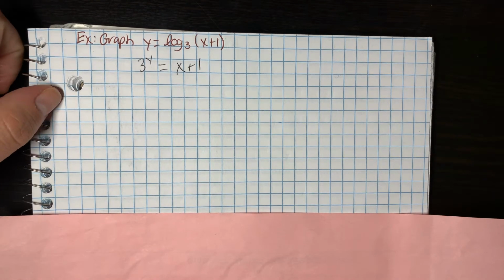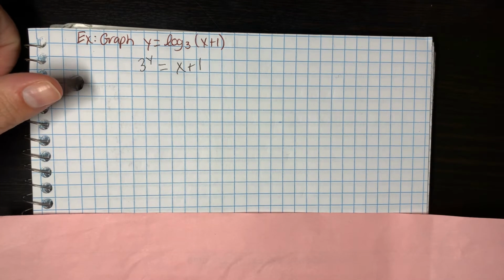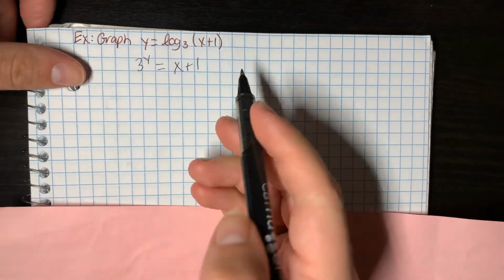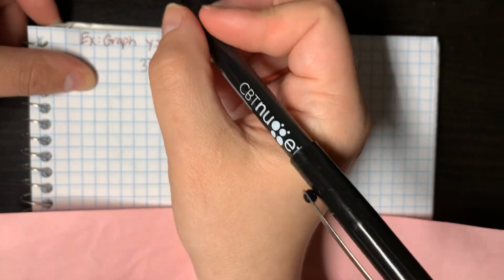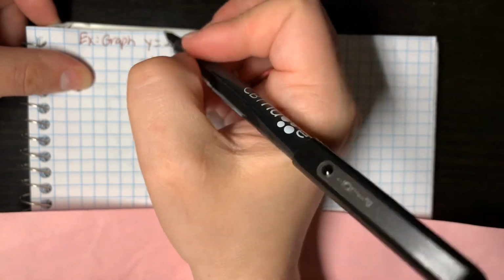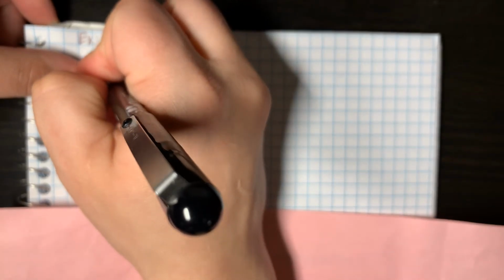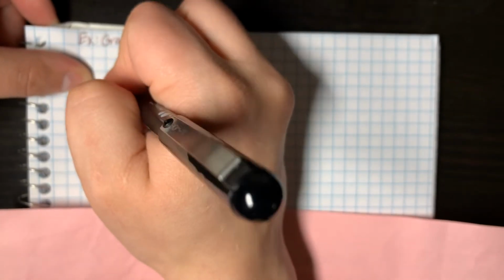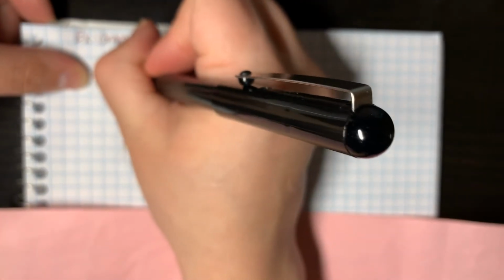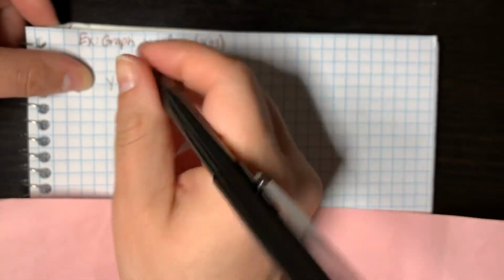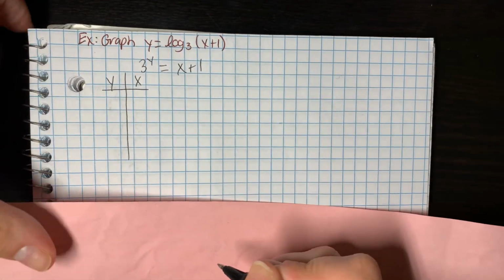The next thing that we would do is choose some y's, find out what their corresponding x's were, and then graph them.